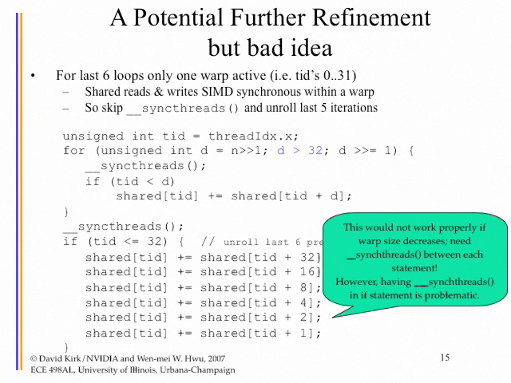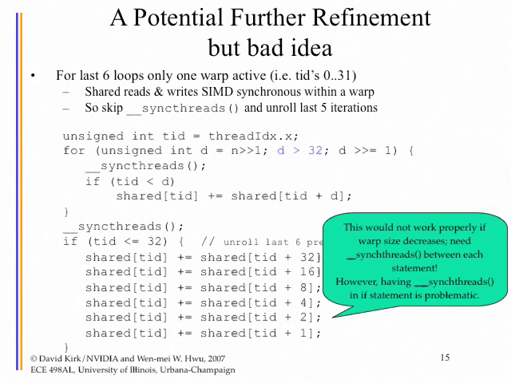Let me go back a little bit. If you just put a sync thread between each one, then you shouldn't be executing any more sync threads than the previous one. However, there's a danger to this kind of thing.